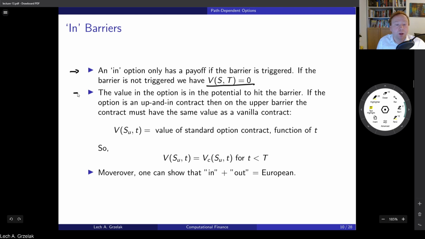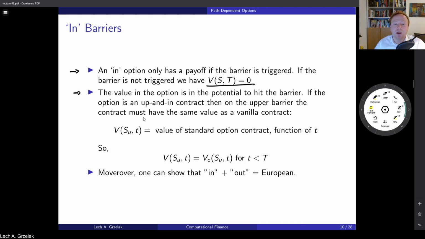The value of an in option is in the potential to hit the barrier. If the option is an up and in contract, then at the upper barrier the value of the contract must be the same as the value of a plain vanilla contract. Of course this depends on the terminal payout.